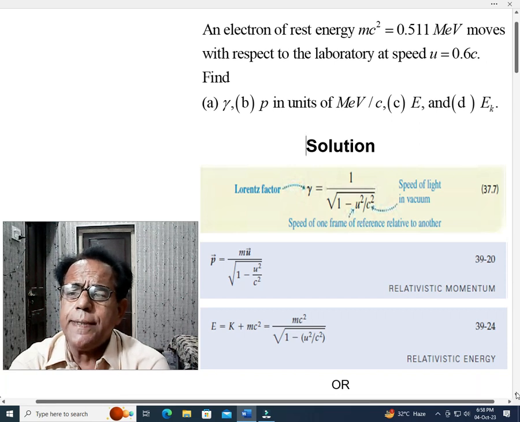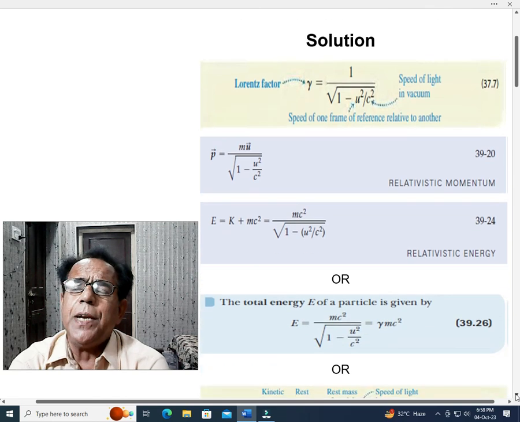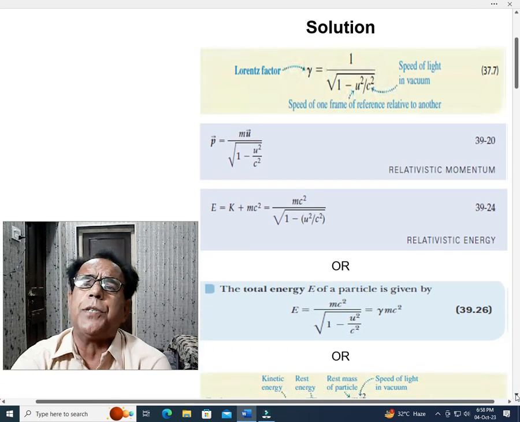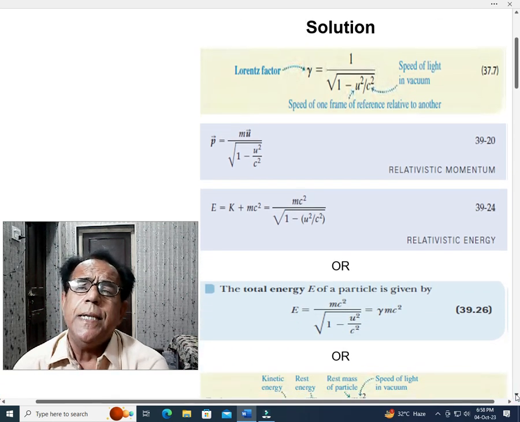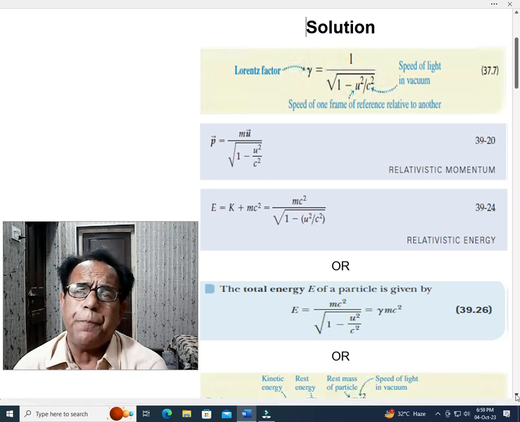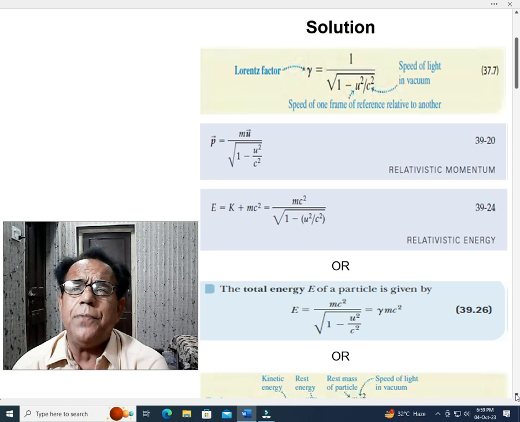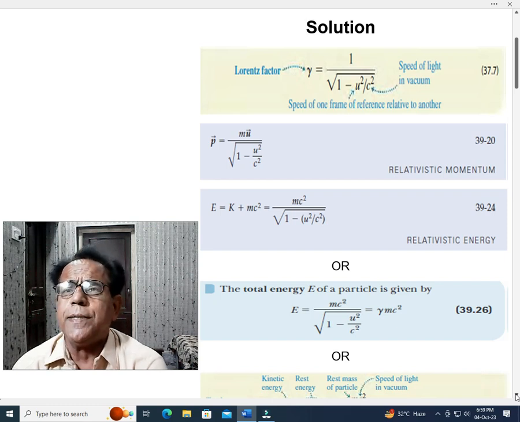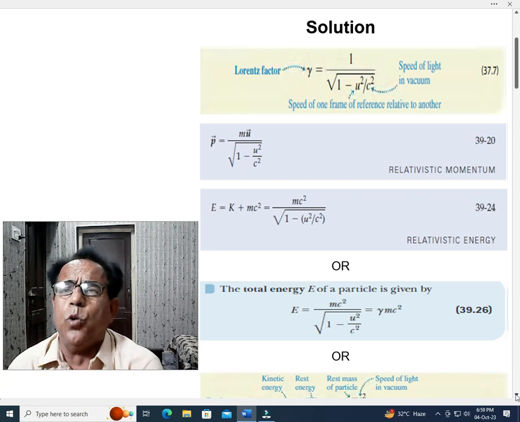Dear students, in order to solve this problem, we are going through some snapshots from various books. These snapshots will help us a lot, and our 4 parts will be solved in accordance with these snapshots. Okay, so the first snapshot is regarding the Lorentz factor.